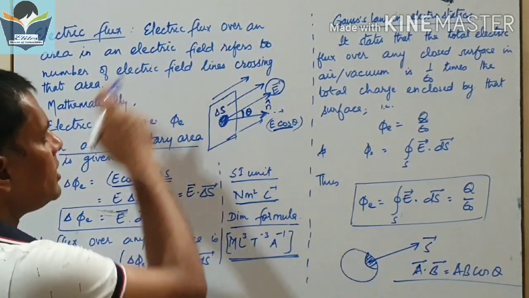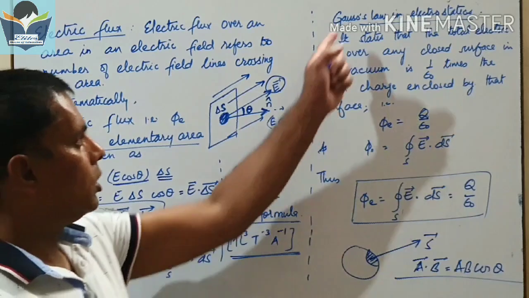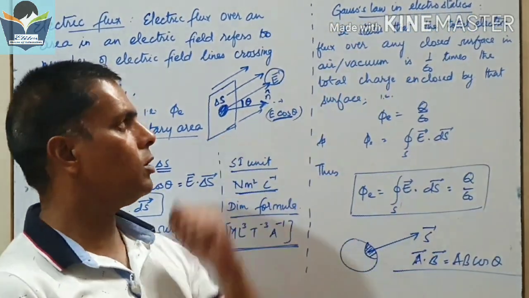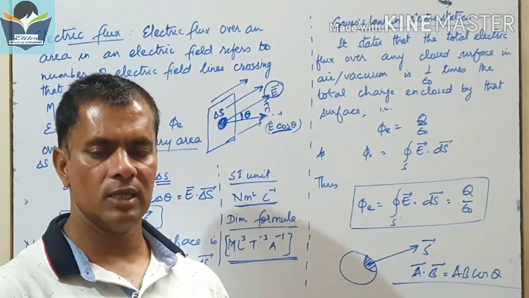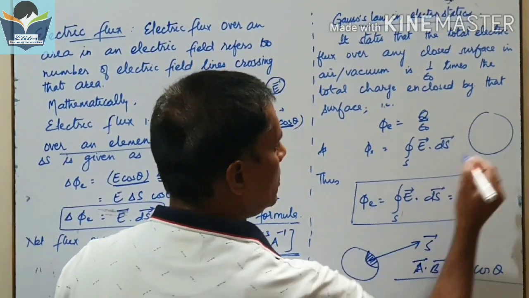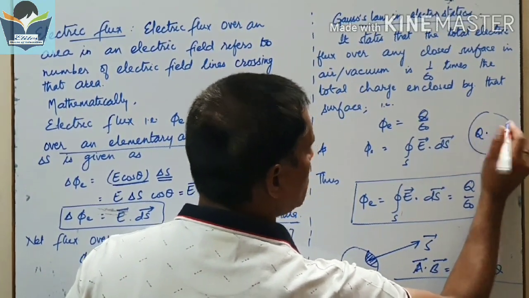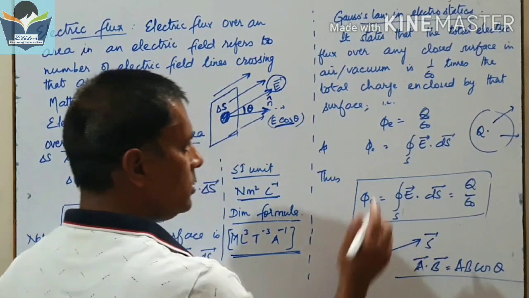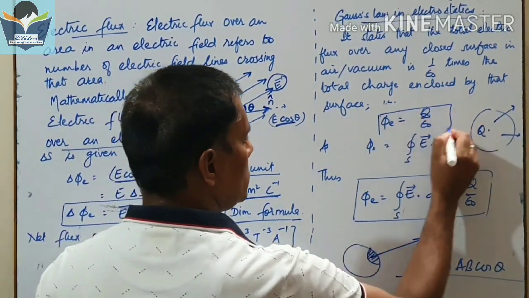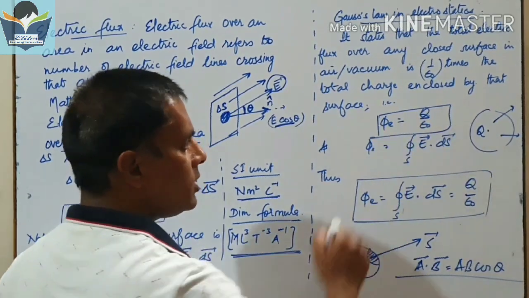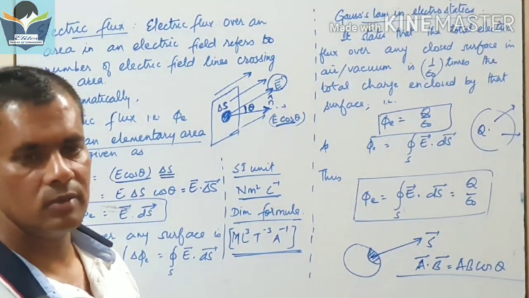Now, using the concept of electric flux, Gauss presented a concept, which is termed Gauss's law in electrostatics. He told us that if we assume any surface and we have kept a charge, say Q, inside the surface, then the net flux coming out of it, phi E, must be 1 upon epsilon naught times the charge enclosed by the surface.